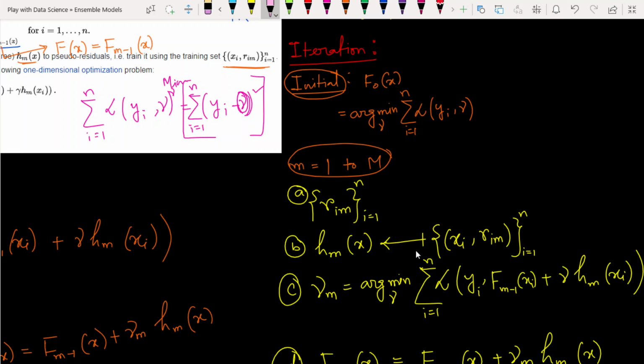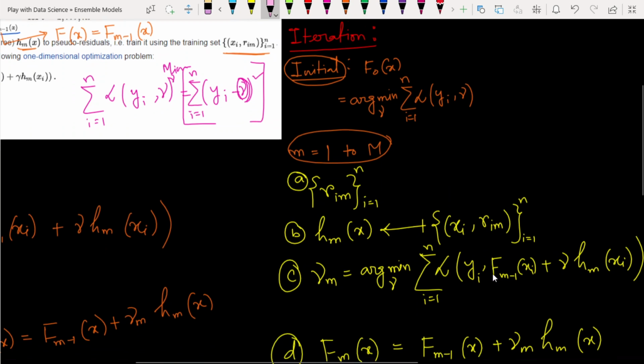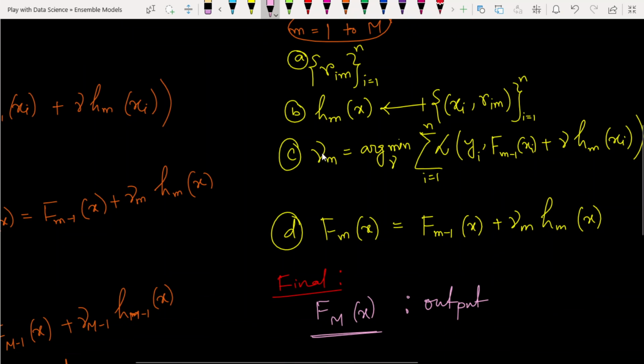After finding this base learner model at the m-th stage, we find the arg min of gamma, the gamma responsible for minimizing the updated loss function. Using this gamma, the base learner model, and the model built in the previous stage, we build this f_m(x) at the end of the m-th stage.